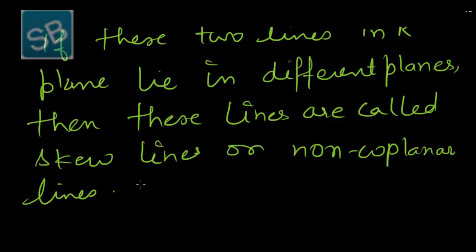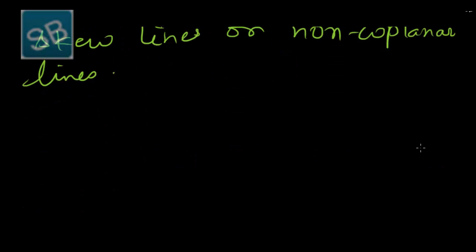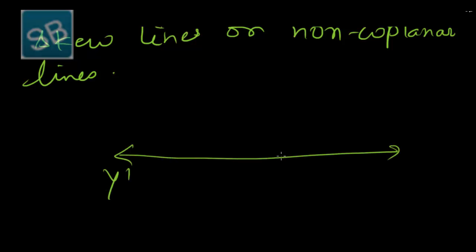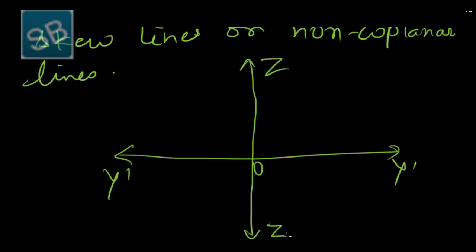We cannot draw three-dimensional plane on a paper because we contain three perpendicular lines to each other, as this is a line, suppose YO, Y dash, and this is ZO, Z dash.